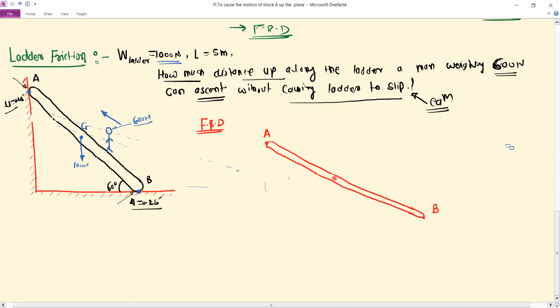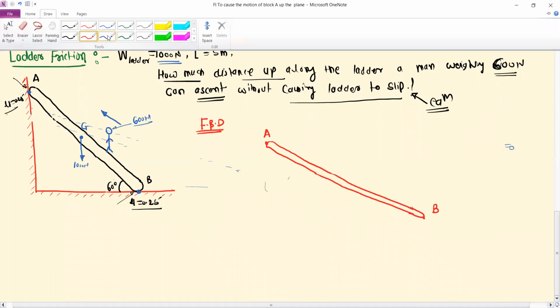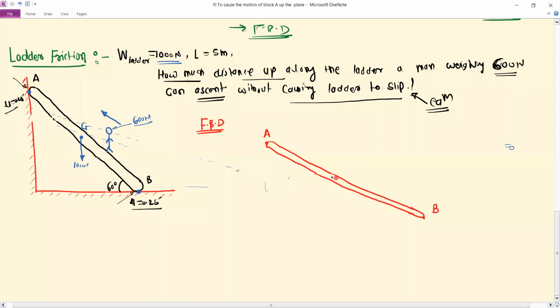Now this ladder has its self weight, equal to 1000 Newton. This is the center of gravity, and weight acts vertically downward. This point is G. So the distance B to G: the total ladder has a length of 5 meter, which is given in the problem, so this will be 2.5 meter, the half distance.